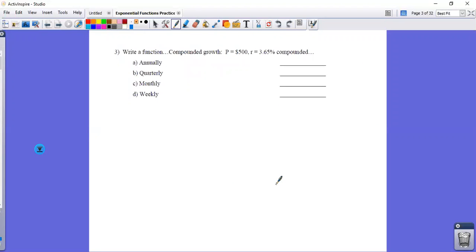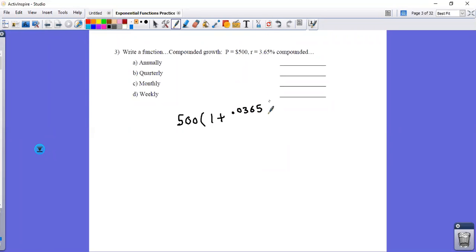Questions so far on any of that? All right. So compounded, the formula is how much you put in. They said the principal, 500 for A, 1 plus, compounding is increasing, your rate as a decimal would be 0.0365.